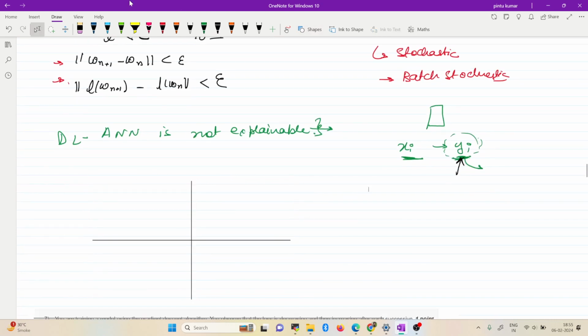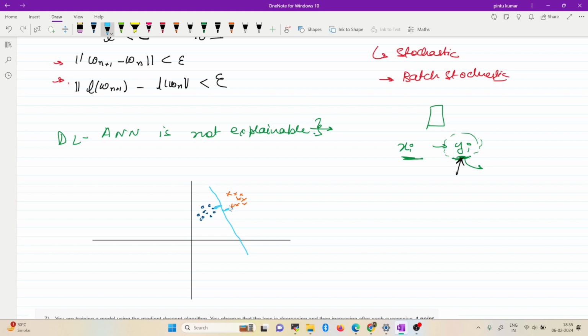Okay, so let's say you have two kinds of data points. Okay, one is this and another one is this. Now in a support vector machine, your linear classifier would look something like this, and these two would be your support vectors, right? These two are the closest ones.